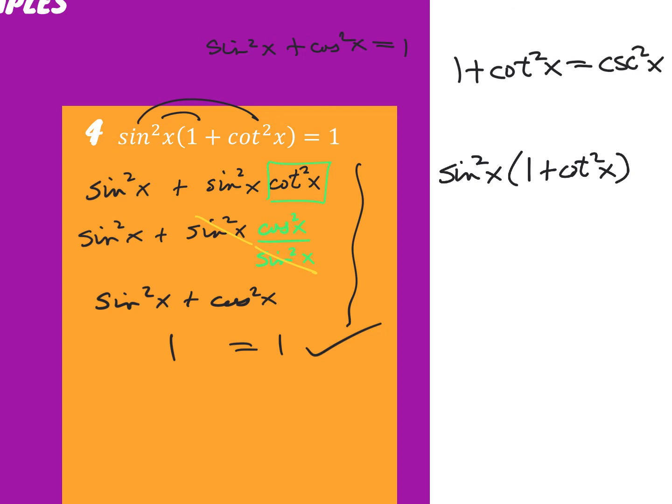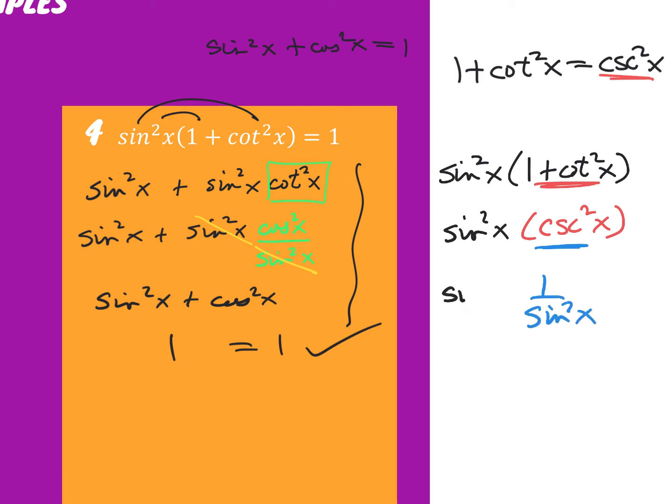So I'm going to substitute this with this. So sine squared x replace with cosecant squared x. Then what I can do is turn this into its reciprocal, which is 1 over sine squared x. And I still had the black one here. And now I'll multiply. This simplifies diagonally.